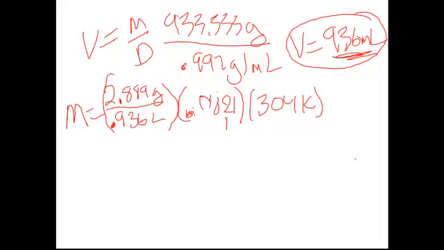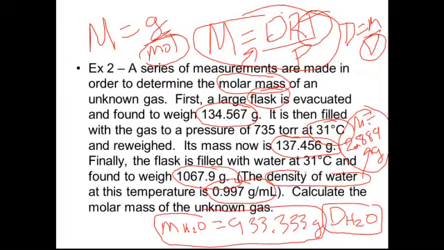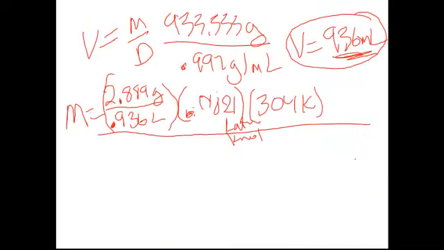Oops, I forgot my units here: liters, atmospheres, Kelvin, mole. And then on the bottom is our pressure. The pressure they give us is in torr. We have to put that into atmospheres, so we're going to go 735 divided by 760, and that'll be atmospheres.